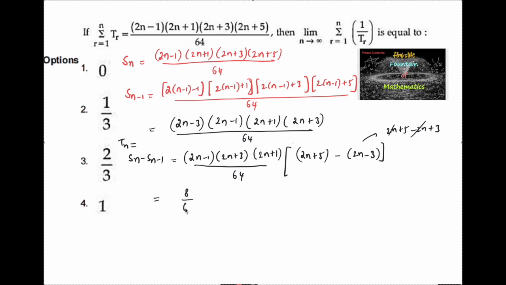So 8 upon 64 into (2n minus 1)(2n plus 1)(2n plus 3). So we got Tn equal to (2n minus 1)(2n plus 1)(2n plus 3) divided by 8.